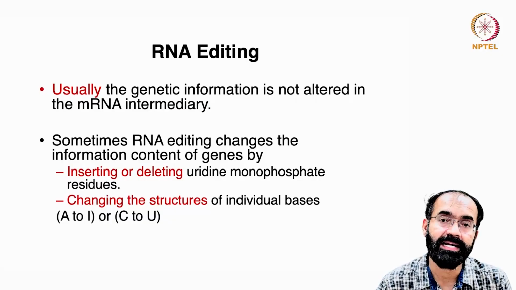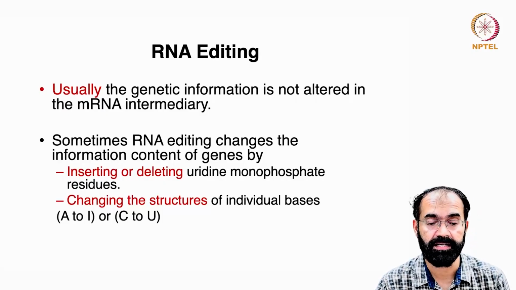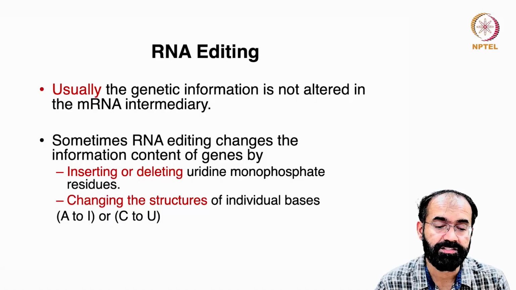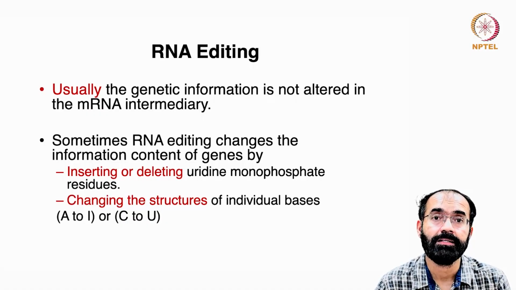Sometimes RNA editing changes the information content of the genes by inserting or deleting uridine monophosphate residues. The other way is changing the structures of individual bases, like we saw the deamination event, A to I or C to U. So A can be converted into inosine.